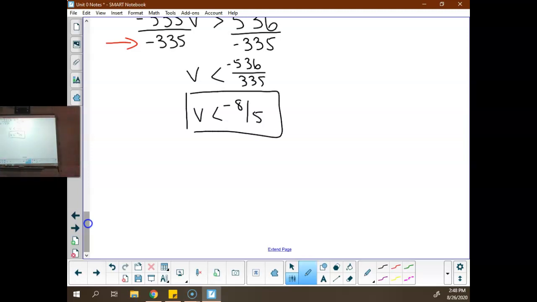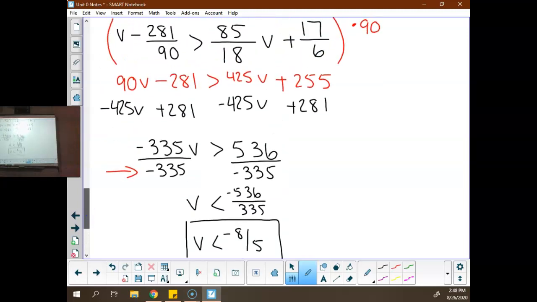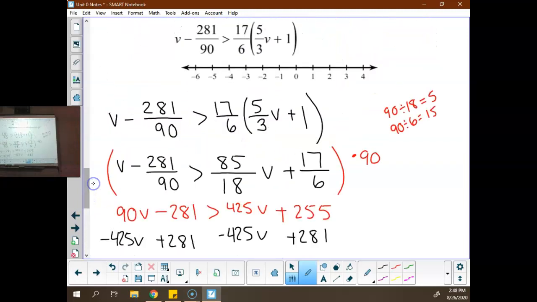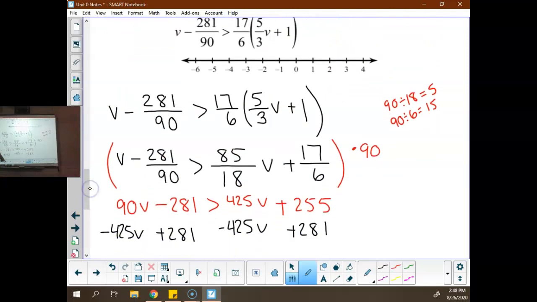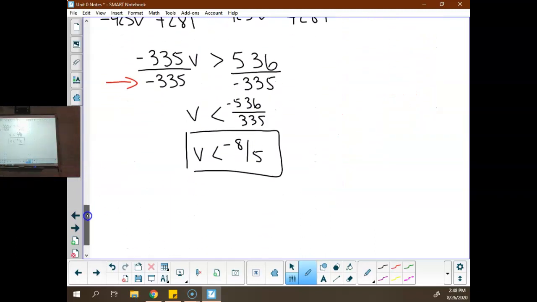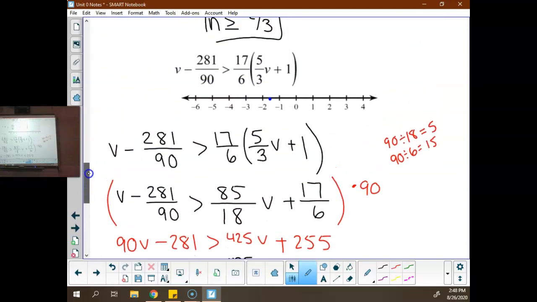All right, so 8/5 is about 1.6 on the number line. So I'm going to scroll all the way back up here to my number line. I'm going to try and find me 1.6 on the negative, which is right here. All right, I'm going to go back down, take a peek, and it's V is less than it.